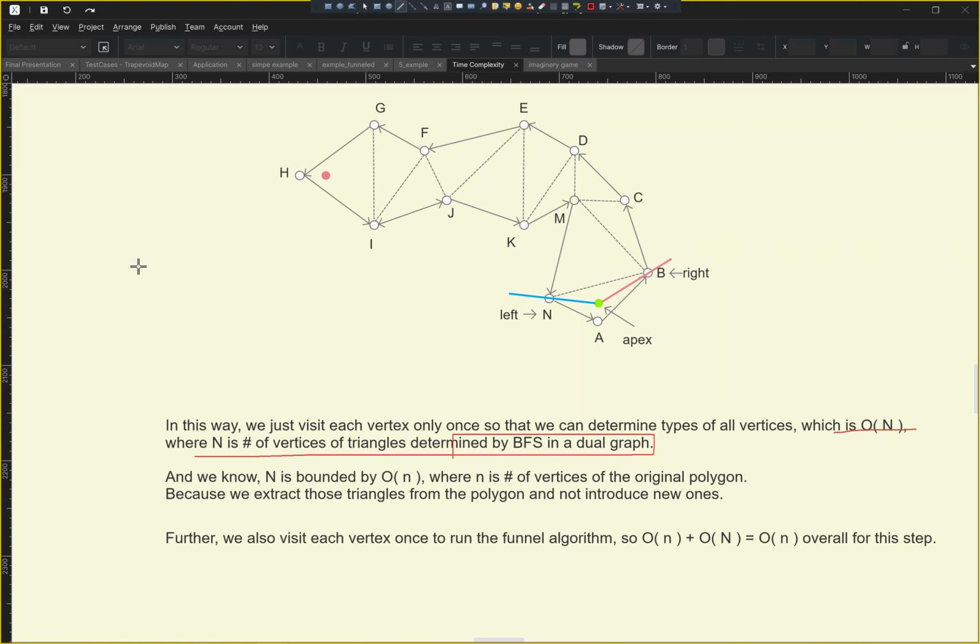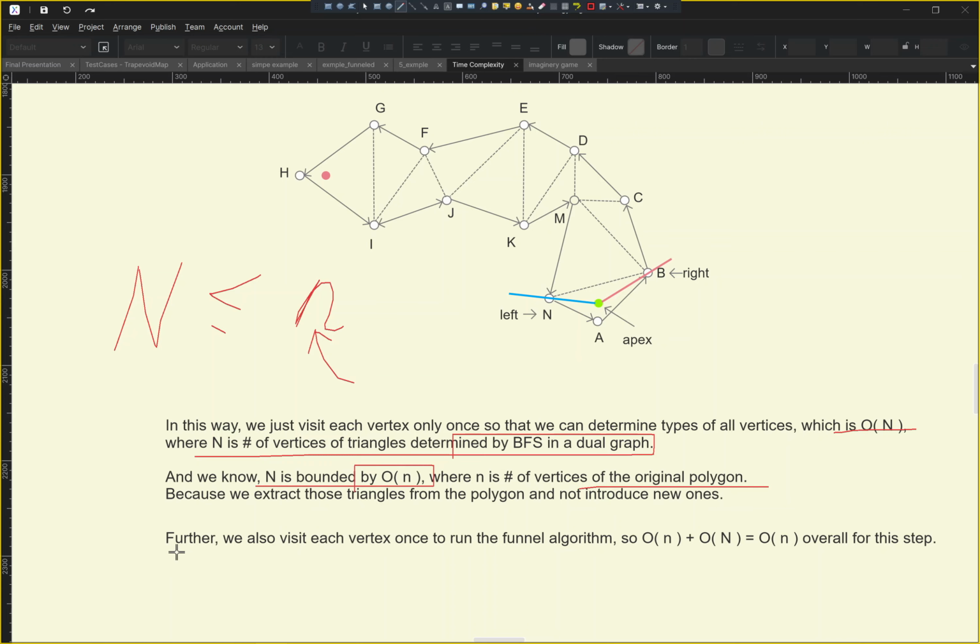In other words, capital N is less than or equal to n, and n is the number of vertices of the original polygon. So we can conclude capital N is bounded by big O n.